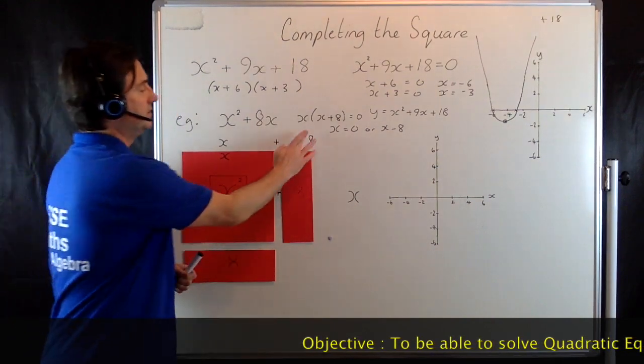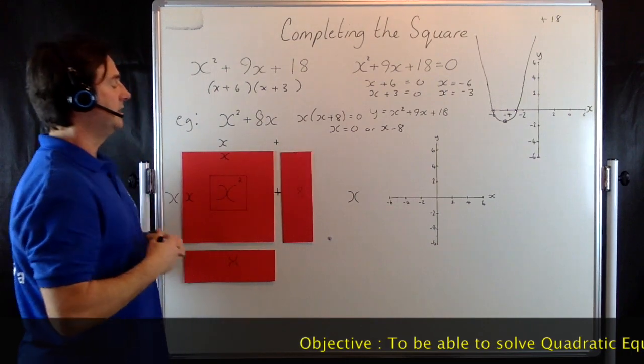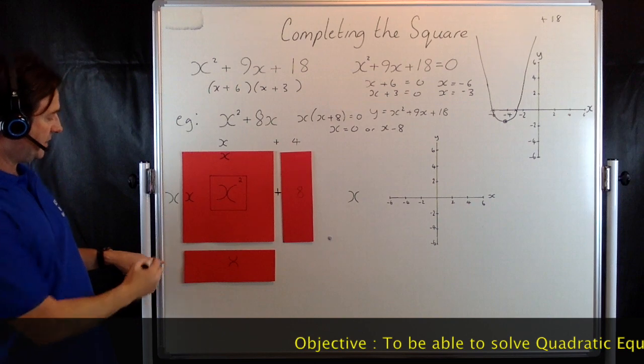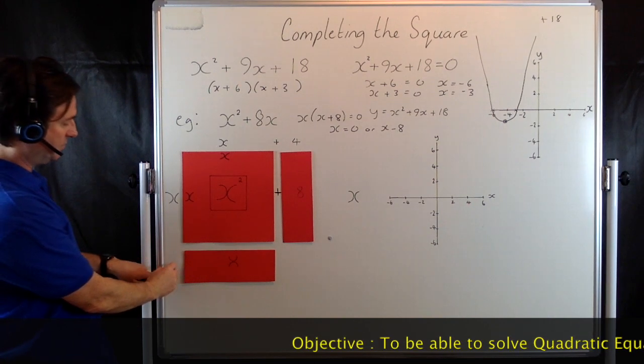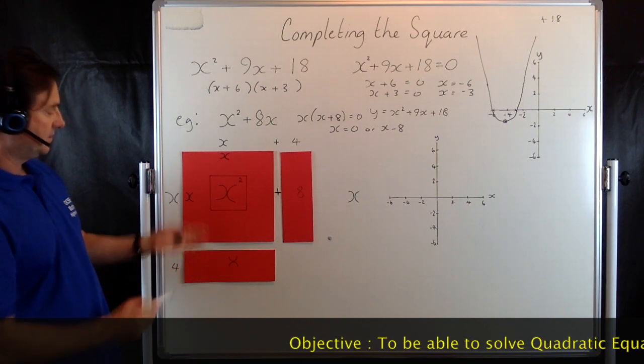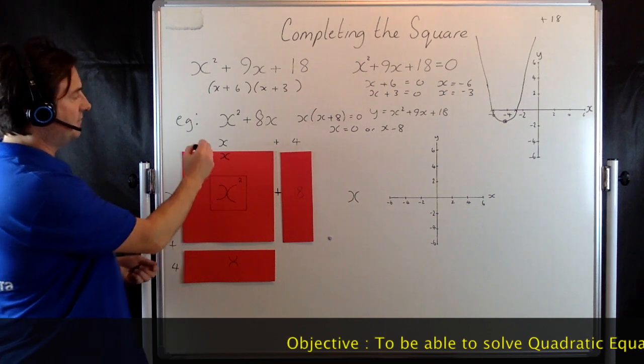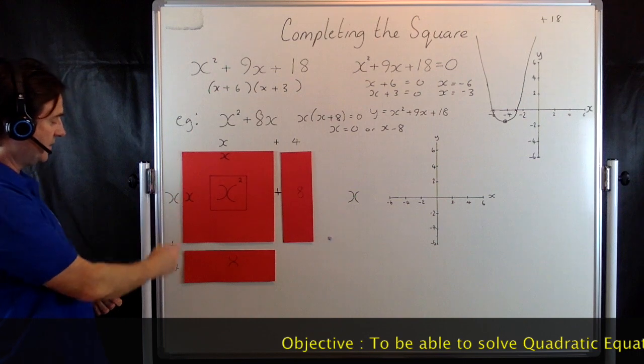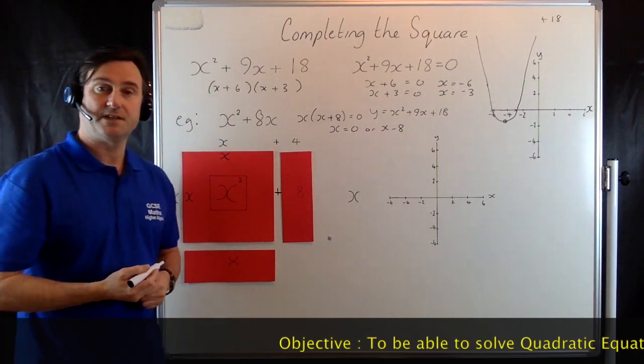What's happened is this now has become half, which is 4. This point here will be 4. So now I've got x plus 4 along the top. I've got x plus 4 down the side there.